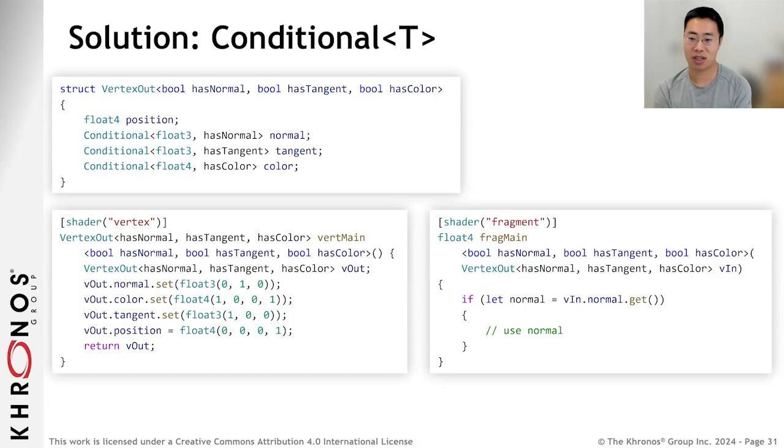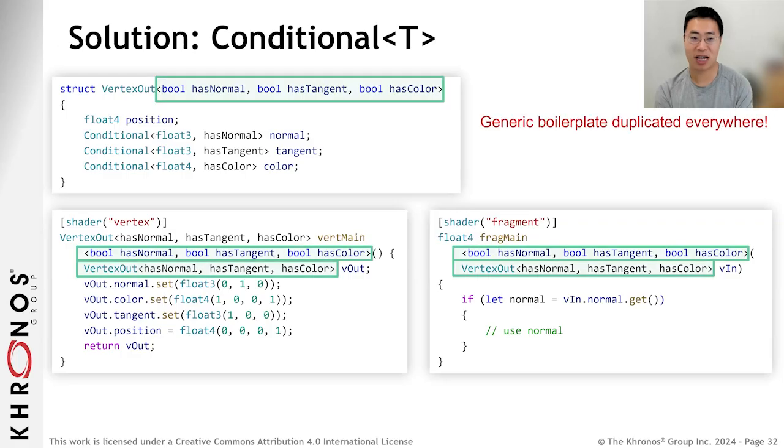And with that, we can turn our vertex and fragment shader entry points into generic functions as well, passing that has normal, has tangent, and has color setting down to the vertex out type. And we can then specialize these entry points to our needs using the same compilation API calls like we did with the previous materials example.